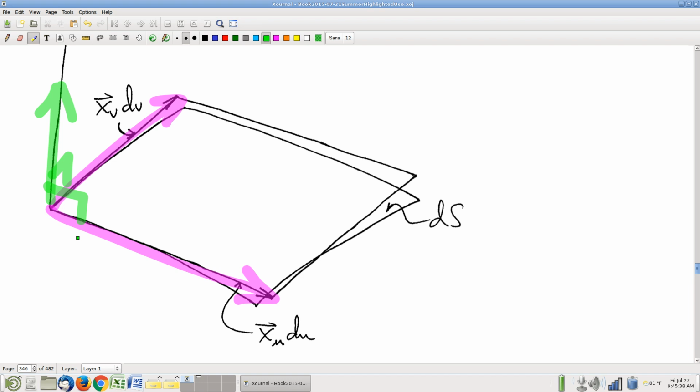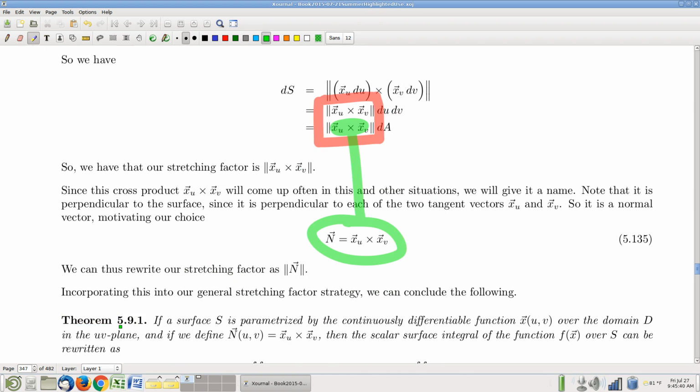So that's, by the way, in case you're curious, why we call this vector n, xu cross xv. This thing whose magnitude is our stretching factor, we call it n because it is a normal vector, and it turns out that it's a really important normal vector. This is not just any normal vector. This is the normal vector whose magnitude is the stretching factor.